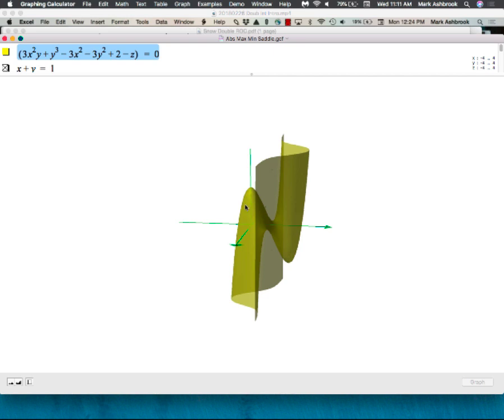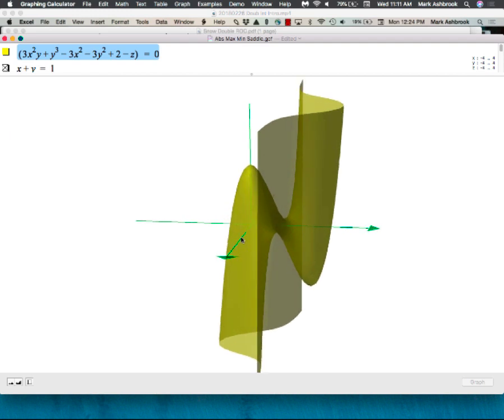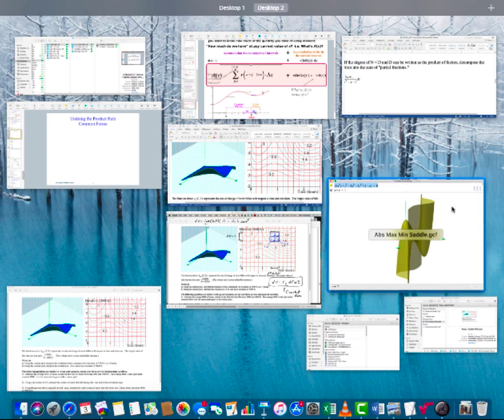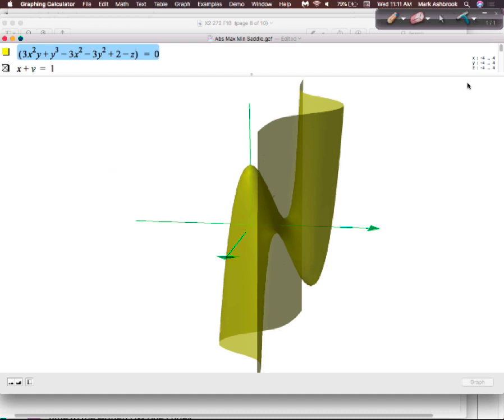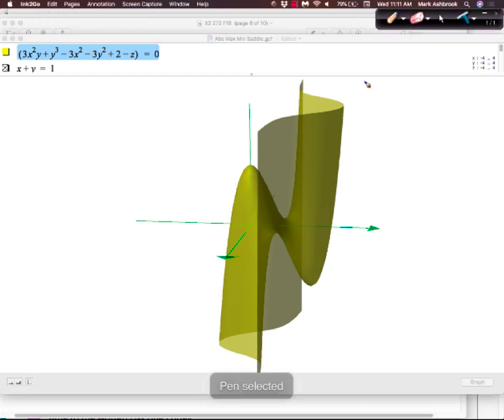What I want to do now is say, let's suppose our domain is restricted to only xy values within the region bounded by y equals 2x, x equals 2, and y equals 0.